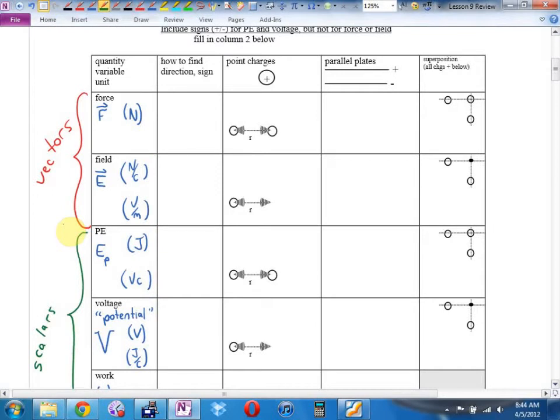Well, here we used like charges repel. Opposites attract. Okay.